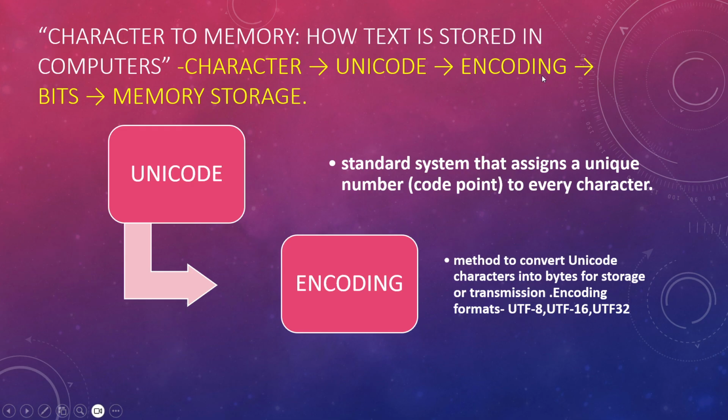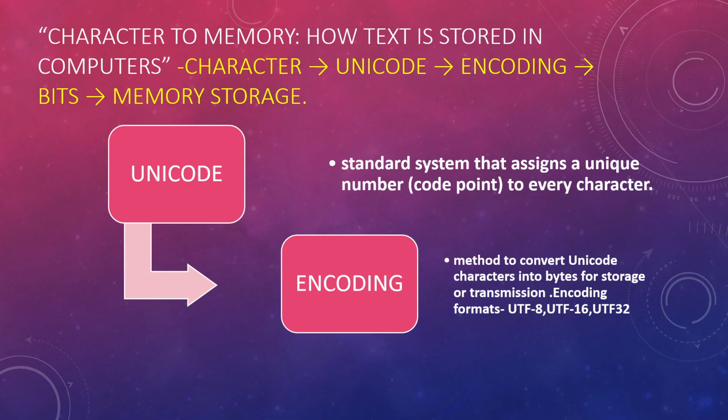Now, what does encoding mean? It is a method to convert your Unicode characters into bytes for storage or transmission. Whenever your character A needs to be saved in the memory on your machine, it has to be saved as ones and zeros. So we have to convert those characters. It is not an A written there, right?